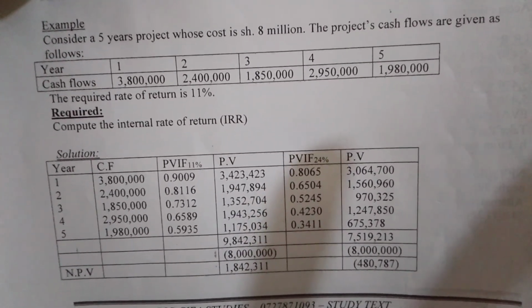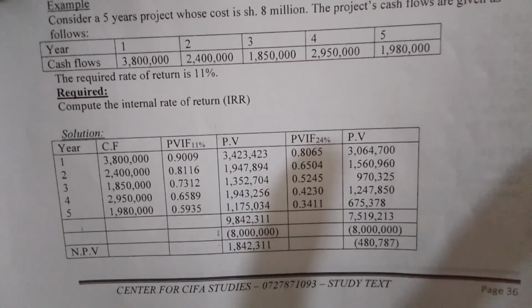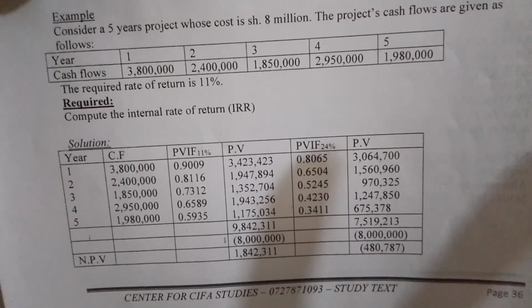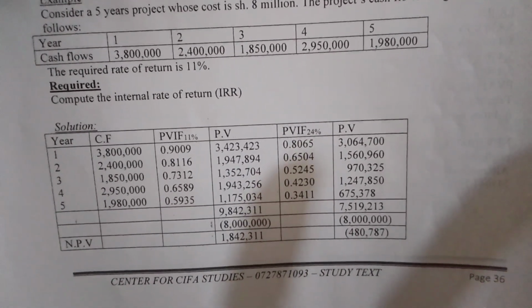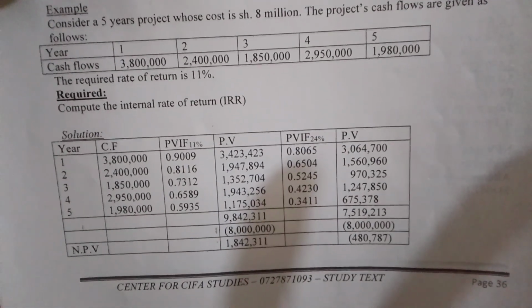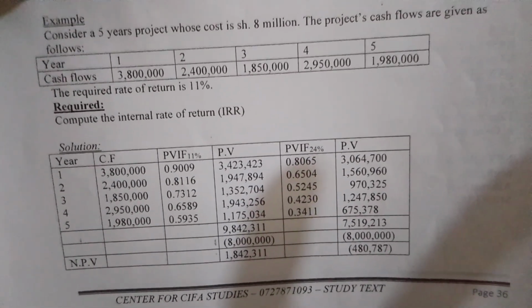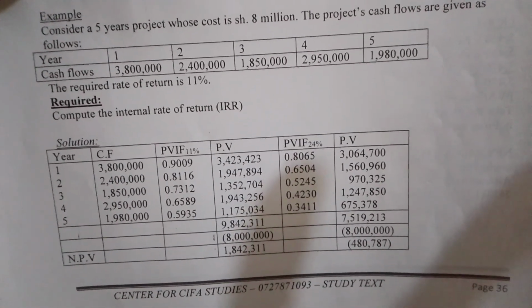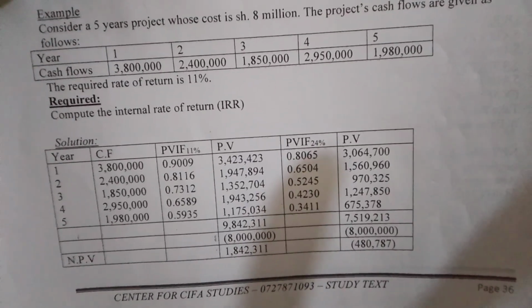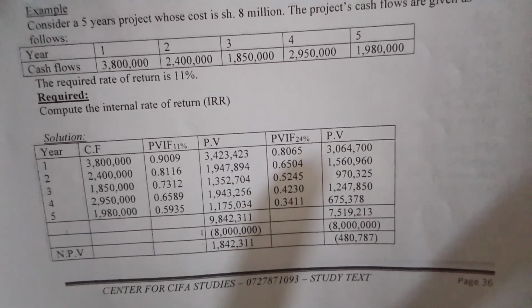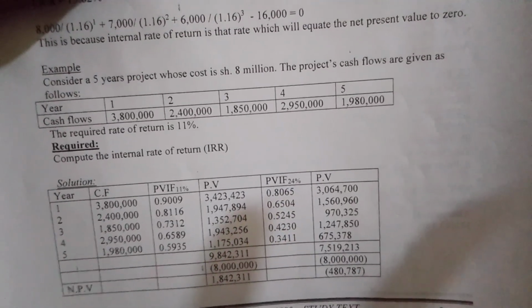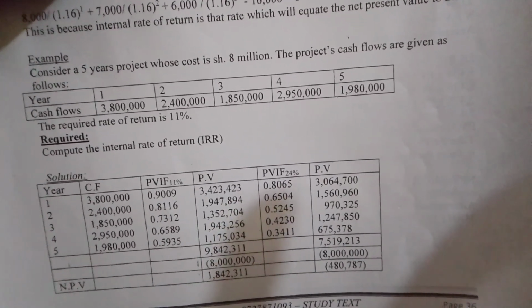Compute the IRR. So you can see what you have done there. We have been given 11%, so you can use 11% as a present value interest factor. And then your present values are there. If you use 11%, your net present value is 1,842,311. Now, this project cost 8 million.